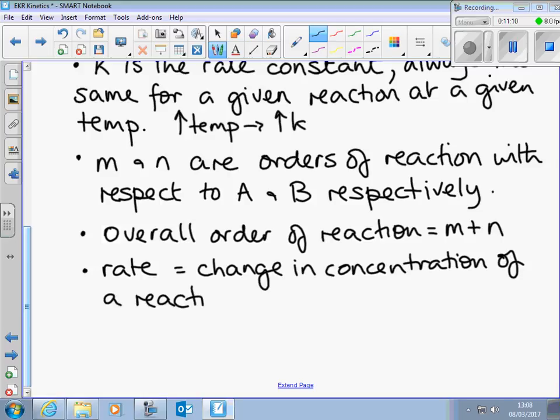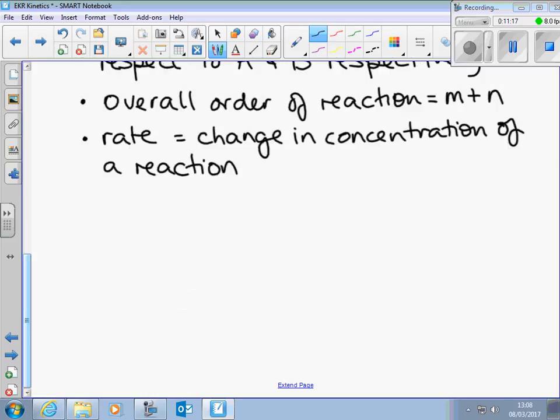And in this case, you know, this is the chemists stealing a biology word, I think. I don't know, might be the other way around. But it just means a very specific entity, if you like. A species could be a molecule, an ion, an electron. So it's the change with time, and we're using the units that we worked out yesterday.